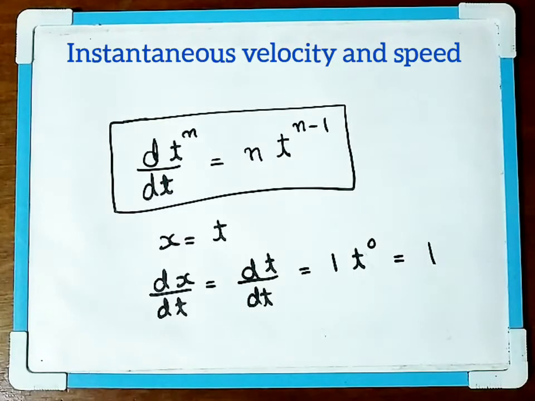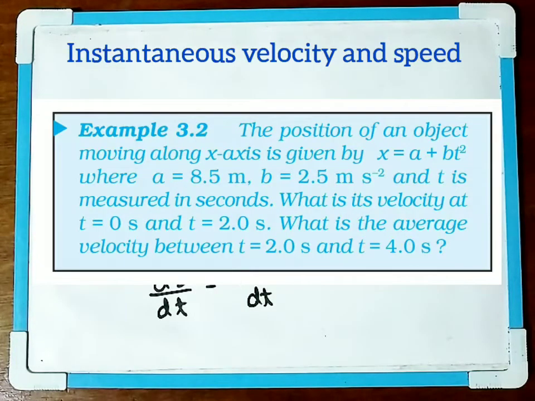So let us take an example. The position of an object moving along the x-axis is given by x equal to a plus bt square, where a is equal to 8.5 meter, b is equal to 2.5 meter per second square, and t is measured in seconds. What is its velocity at t equal to 0 second and t equal to 2.0 seconds?